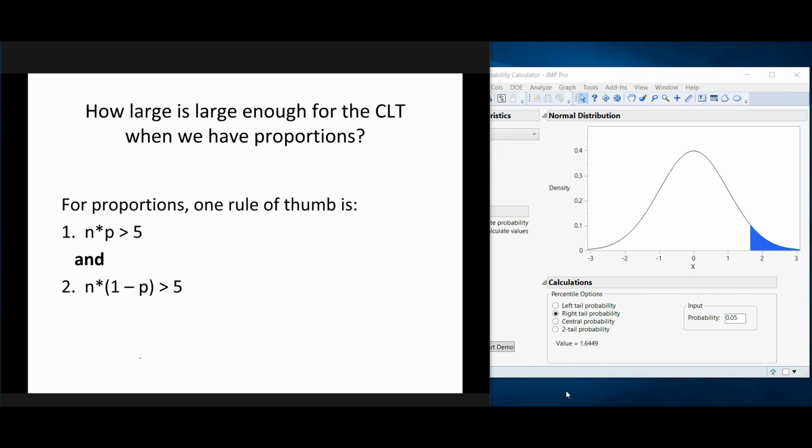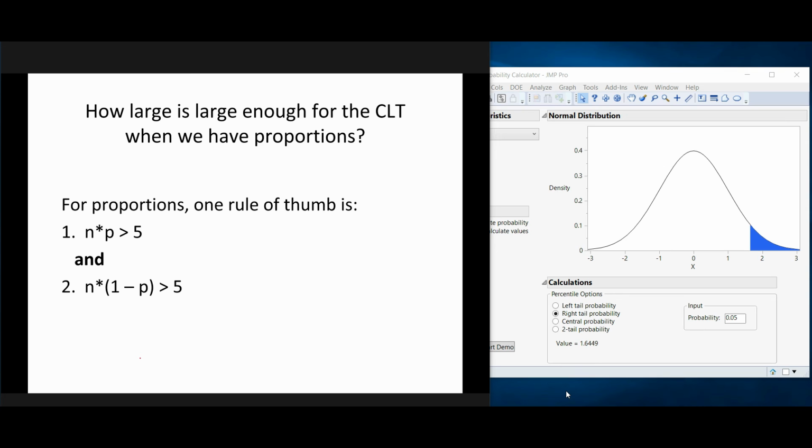Okay, let's look at another example of the central limit theorem, but as it applies to proportions. And it turns out that proportions can be thought of as averages of zeros and ones, and so they can be normally distributed, and they also follow the central limit theorem. And the central limit theorem says if the sample size is large enough, then they will be approximately normally distributed. So how large is large enough for a proportion?